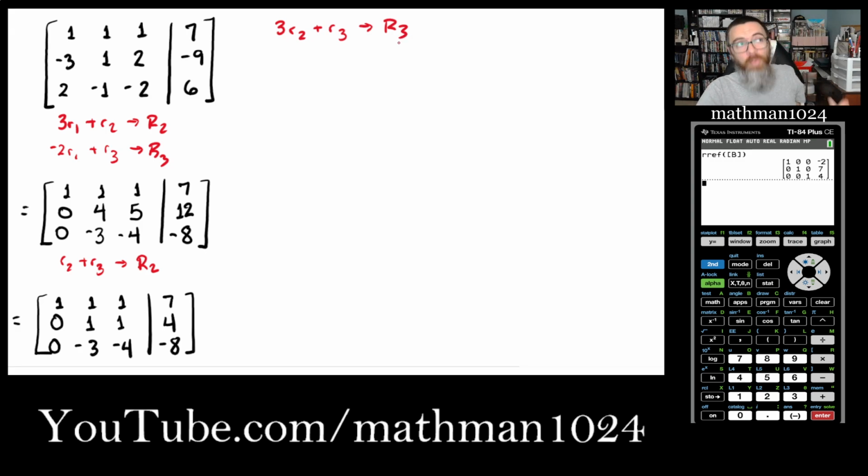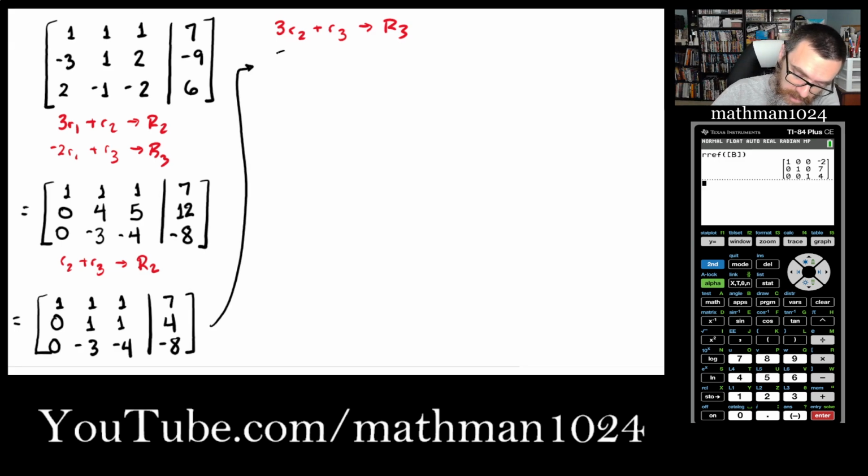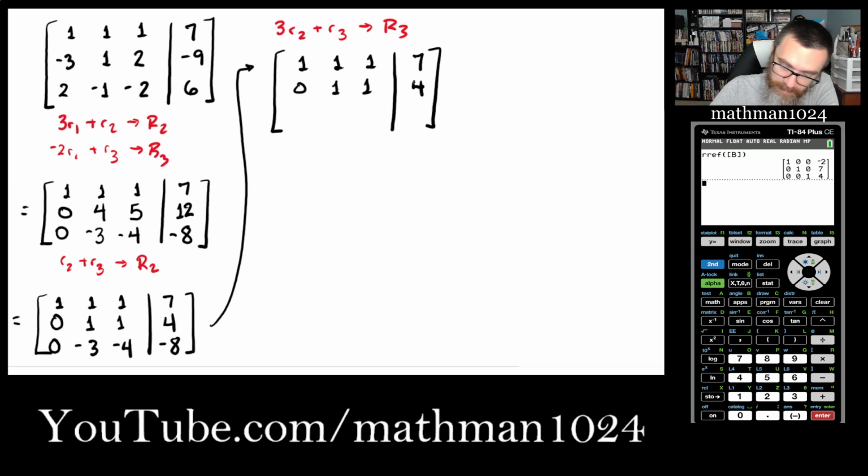So that'd be 3 times 1 plus negative 3 makes that 0. Awesome. All right, these first 2 rows don't change. So 3 times 1 plus negative 3 is 0. 3 times 1 plus negative 4 is negative 1. 3 times 4 is 12, plus negative 8 is 4.